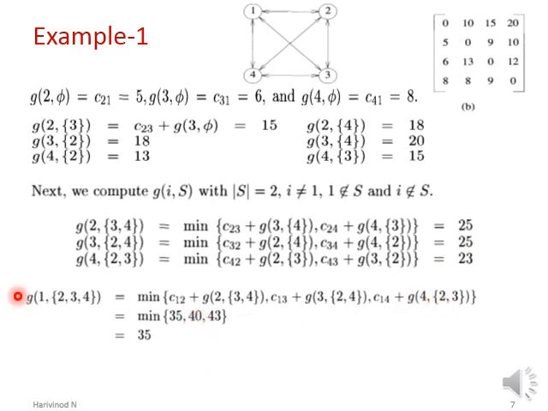The last choice for 1 is 1 to 4, then visit 2 and 3, then come back to 1. So 1 to 4 is 20 plus g of 4, 2, 3, which is 23. So 23 plus 20 is 43. Among these 3 choices, the minimum is 35.